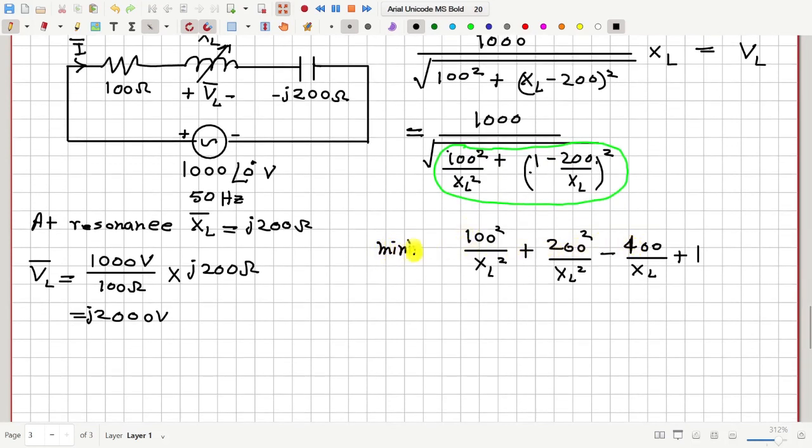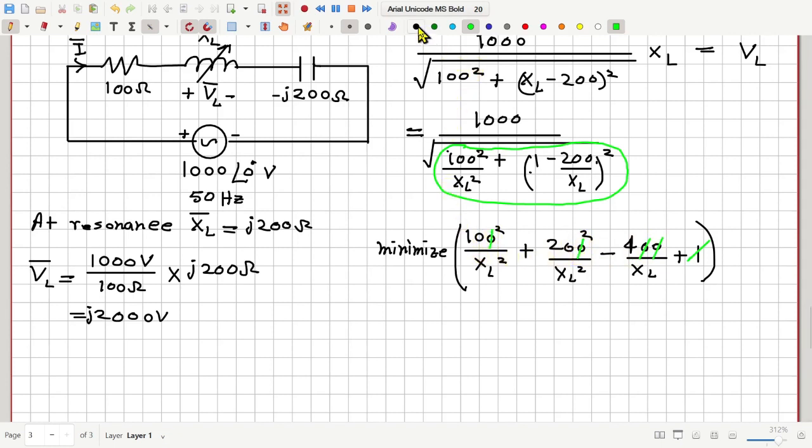So minimize this function, the function of XL. Now here you can see that this 1 is a constant, so it doesn't matter. Then we can divide this entire quantity by 100, so I get rid of some zeros.